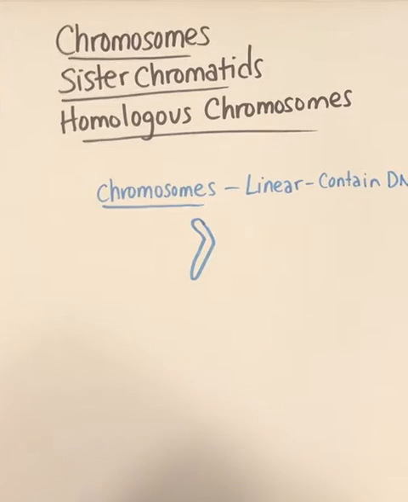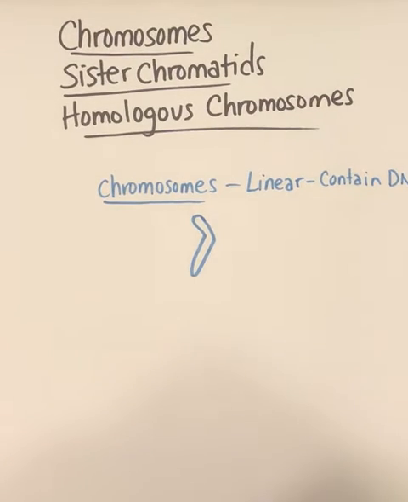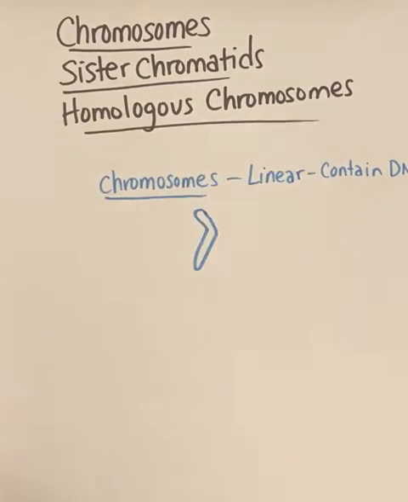Now, replication does occur during the synthesis phase of your cell cycle. During replication, you're going to form what we call sister chromatids.